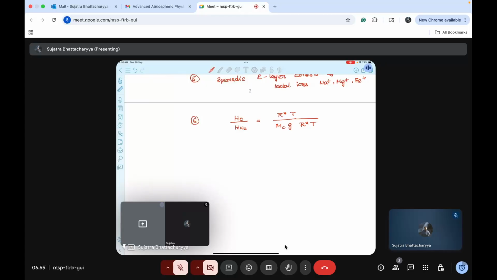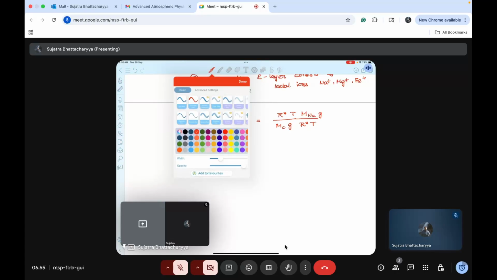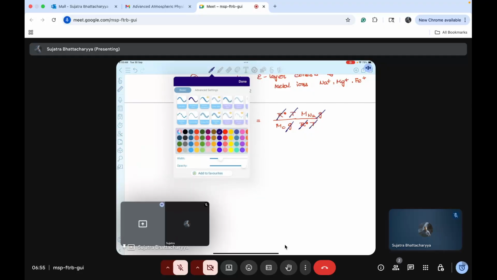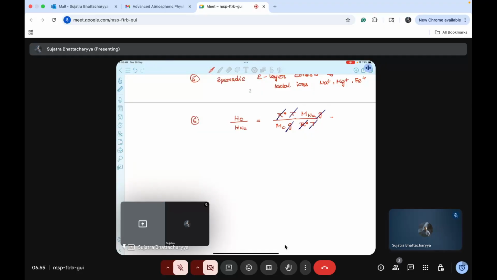We will assume the mass of nitrogen and G. So all these quantities, R star T G, cancel. Finally, the expression becomes only the ratio of the mass of nitrogen divided by the mass of oxygen. Very important, again I am repeating, these are the molar masses.